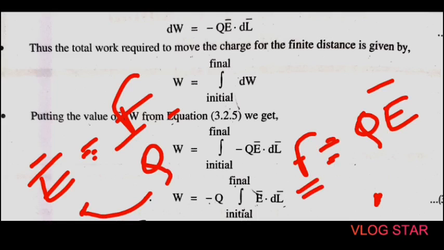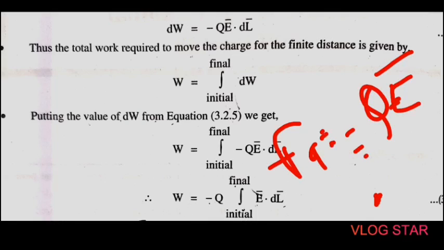So the force applied to the charge Q in order to maintain it in equilibrium is Fa equal to minus Q into E bar. In this case we are moving the charge against the electric field, that's why the negative sign is there.